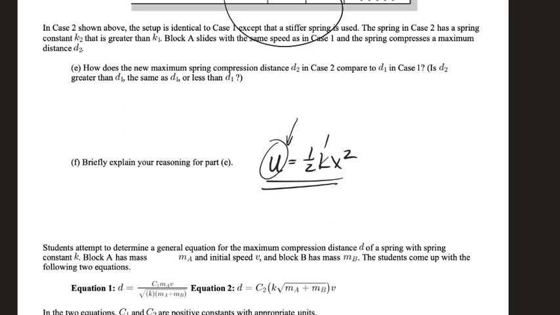But K is going to become a bigger value. If the spring is stiffer, that means that it's not going to be compressed as much. D2 is smaller than D1. It's not going to compress the spring as much. The spring is stiffer. It applies a greater force.